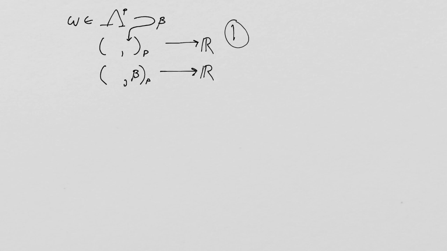All right, so method 2 is I take an element of the exterior power, call it omega, and I'm going to take an element of the n minus pth exterior power, and maybe I'll call that alpha, and then I form omega wedge alpha.